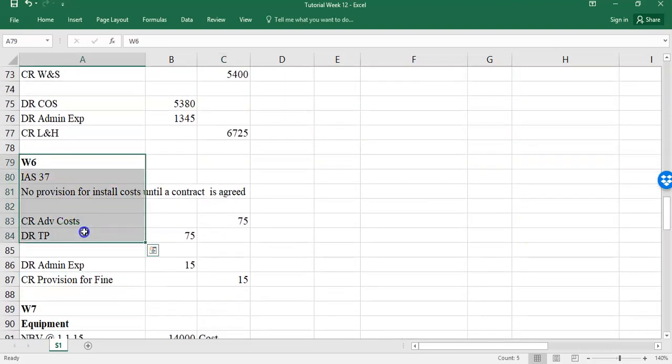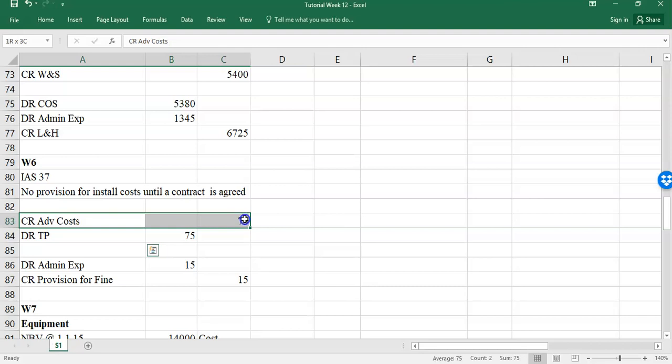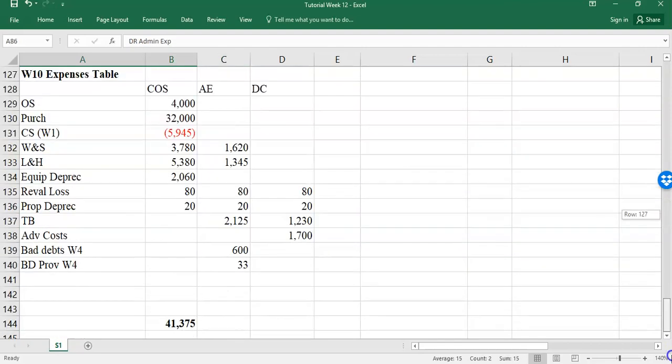Here, working 6, you credit advertising cost 75, so that's credit your distribution, and debit admin expenses 15. So that is working 3. Just put up here, that is working 5.